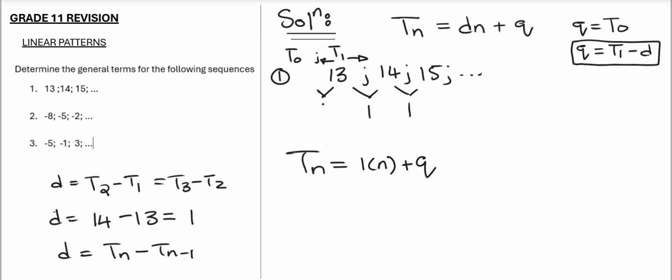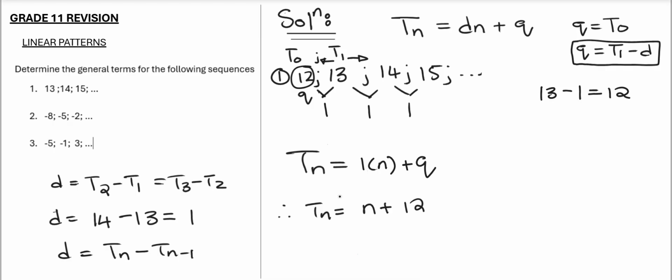So what is 13 minus 1? 13 minus 1 is just 12. So our T0 is 12, and that is our value of Q. Therefore Tn is going to be equal to n plus 12.